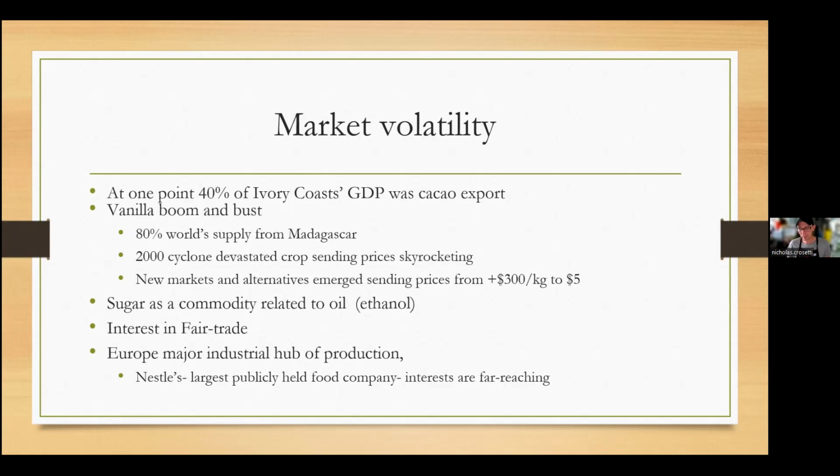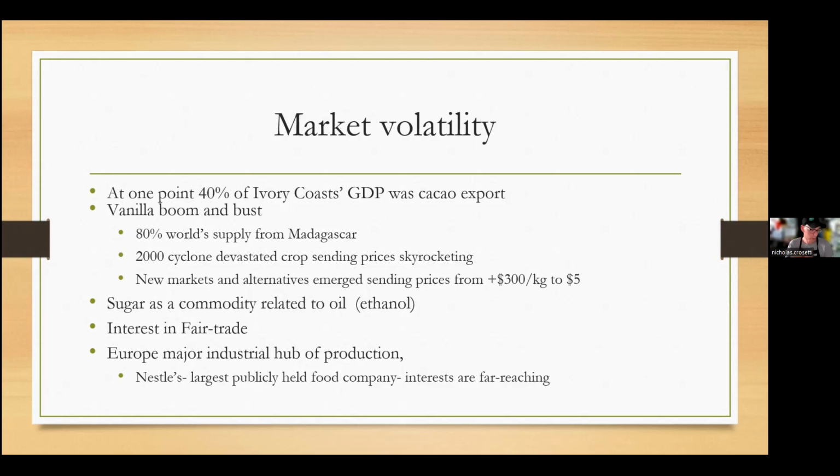And that sort of forced people to find new markets and alternatives to fill in the gap. So vanilla being a crucial component in flavoring what becomes chocolate, vanilla is tied to the production of cacao.